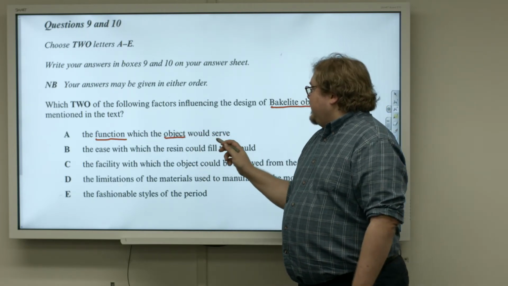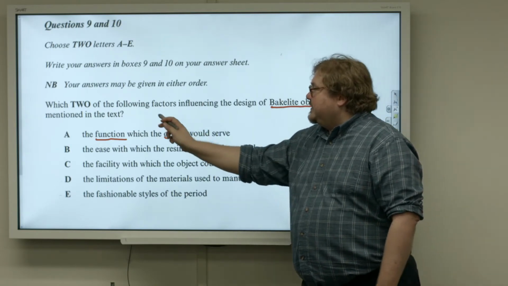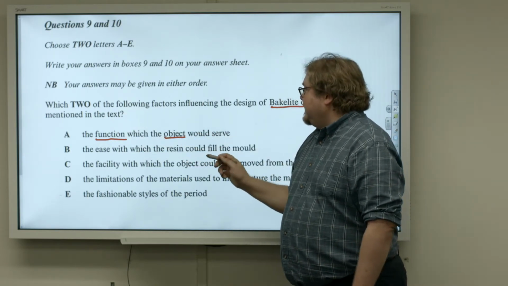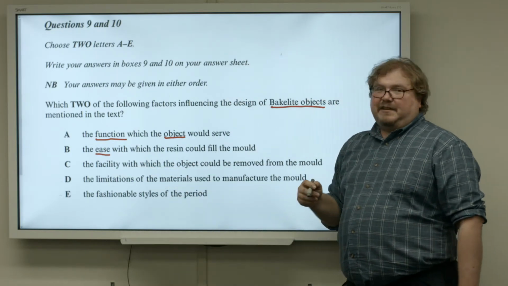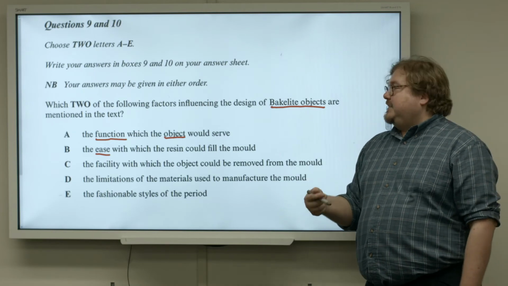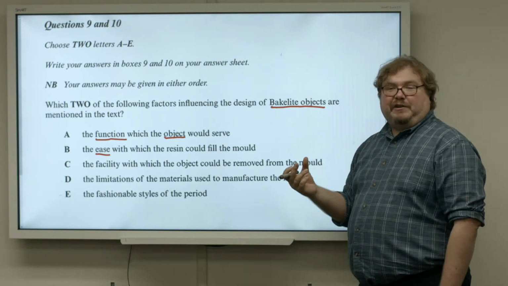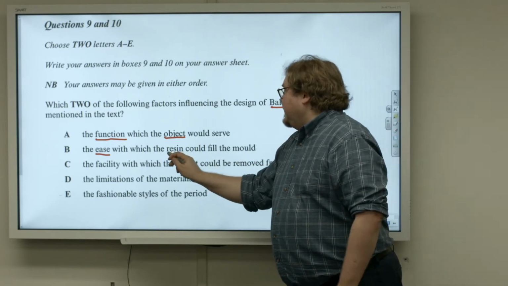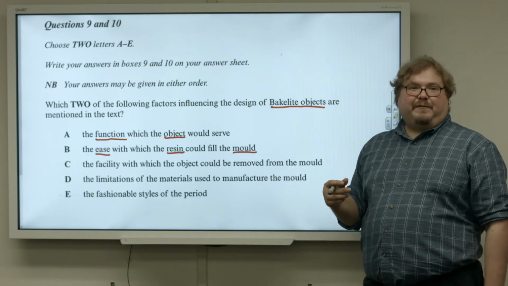So the function of the object, I'm going to be looking for bakelite object, function, use. Ease, so I'm going to look for words like easy or that it's not difficult. We're going to look for a paraphrase too. Something about resin in the mold.